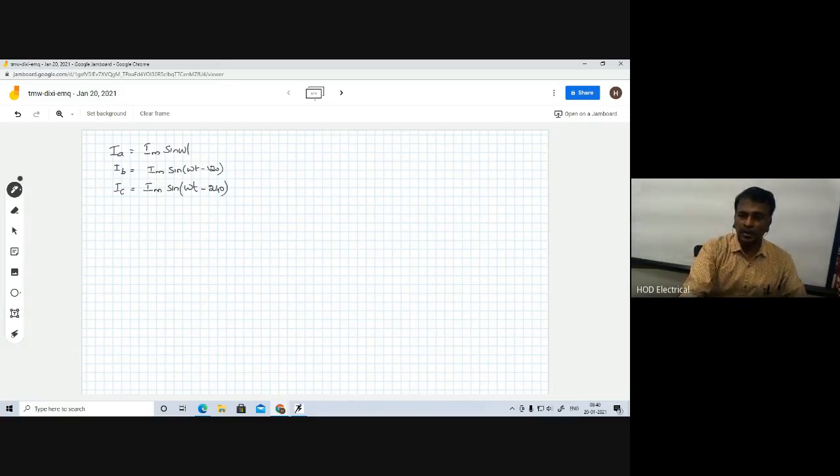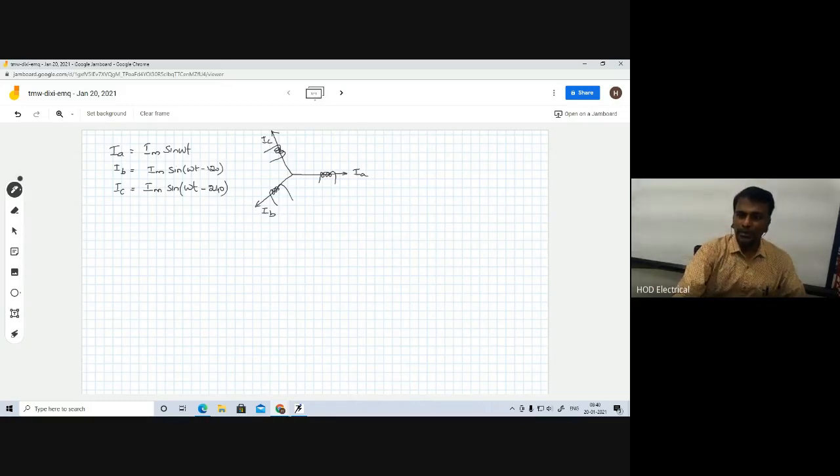So accordingly, we have the three-phase system like this. Three-phase system of all our 120-degree displacement. So this is IA, then this is IB, then this is IC. So we have the winding, but here also we have the winding.